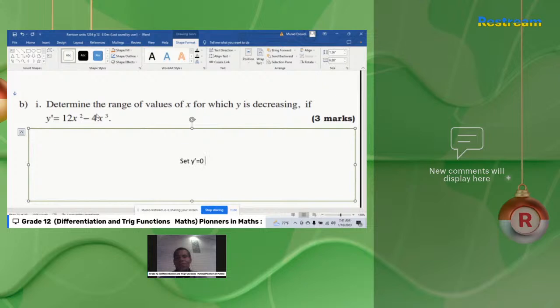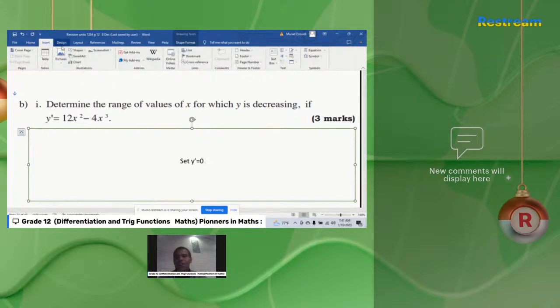You choose some values of x and check the sign of y dash. If it is positive, the function is increasing. If it is negative, it is decreasing. Through this table of values of x and sign of y dash, you can conclude the range of values of x for which the function is increasing or decreasing.